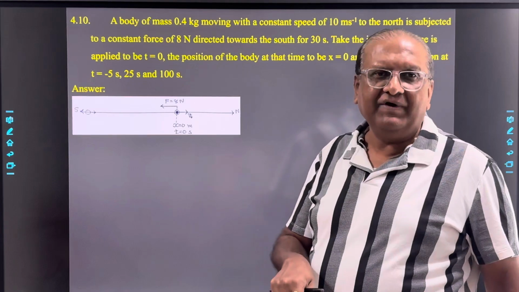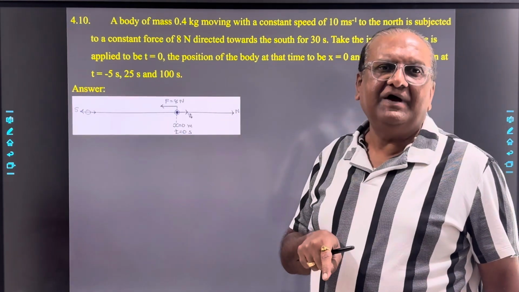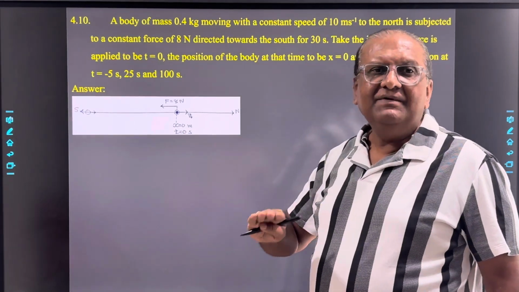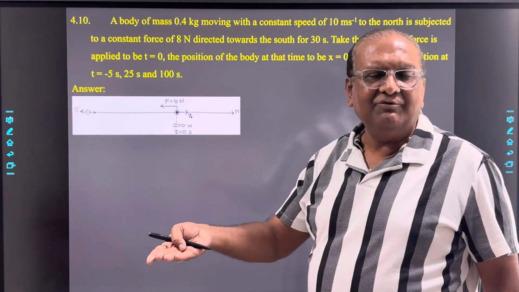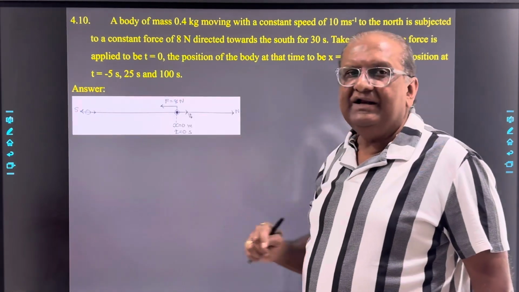That we have to find. So it is considered as minus 5, t equal to 0 and before that up to 5 second. That we have to carry out the calculation. Therefore it is taken as negative.